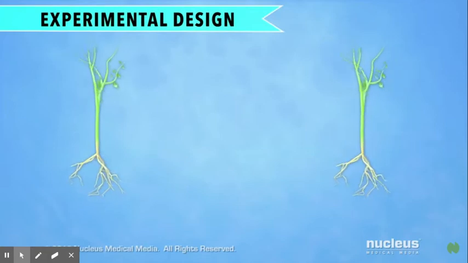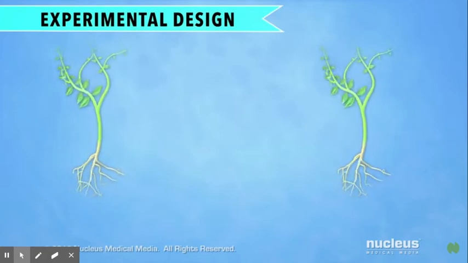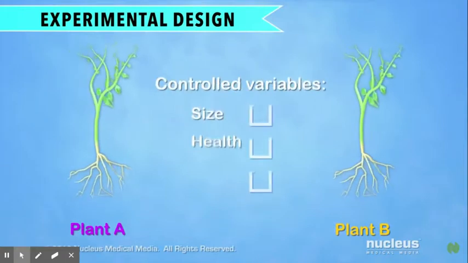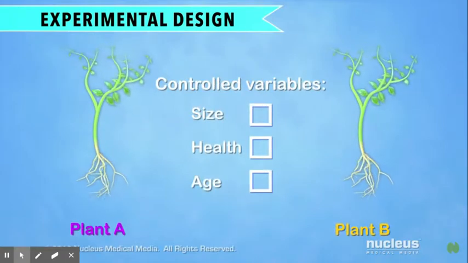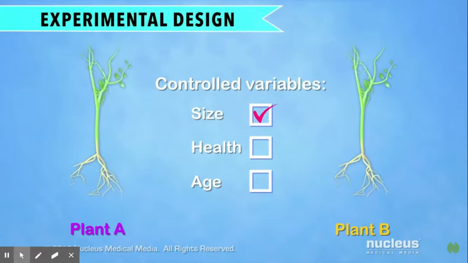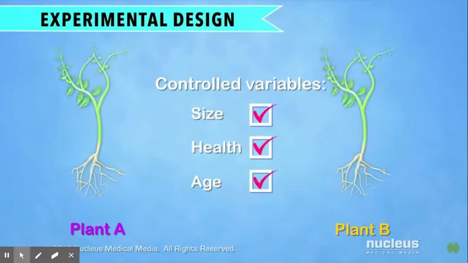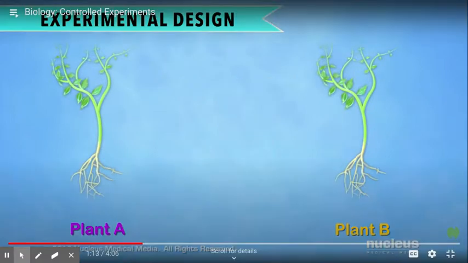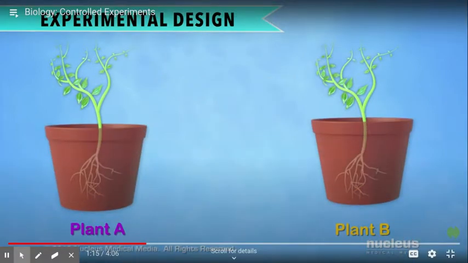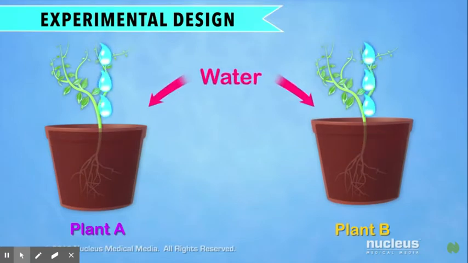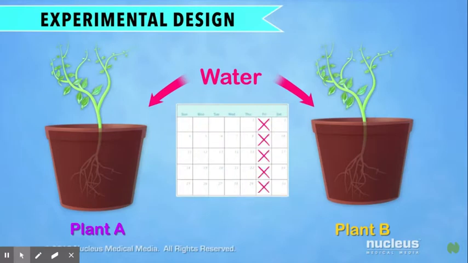First, you would get two plants of the same species. Let's call them plant A and plant B. Everything about the plants should be exactly the same, including their size, health, and age. Next, you would put each plant in identical pots with the same amount of the same kind of dirt or soil. You would water them both the same amount at the same times.